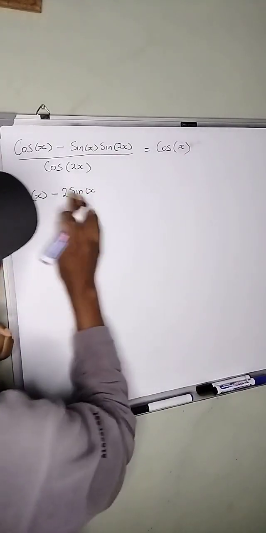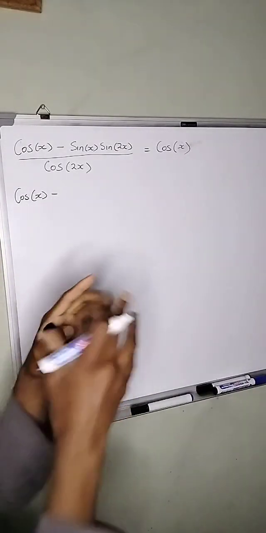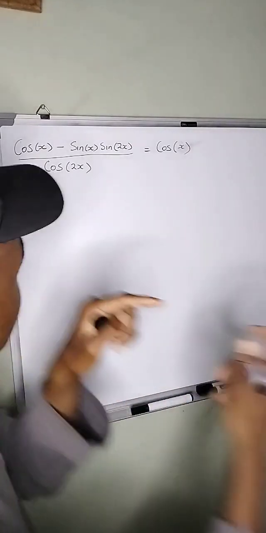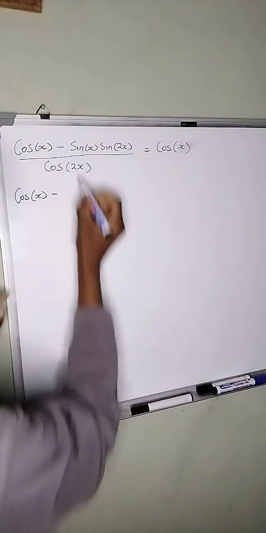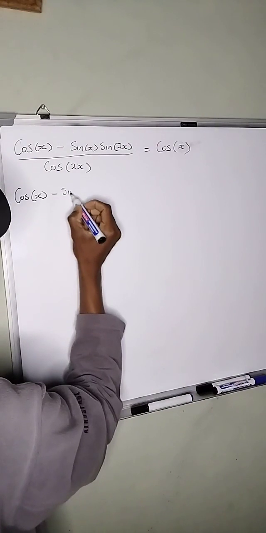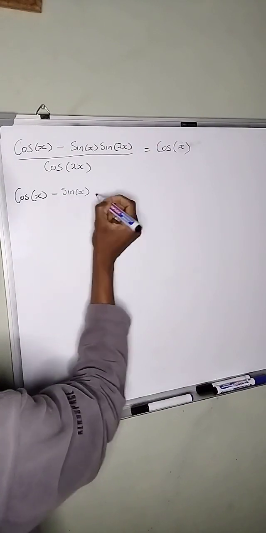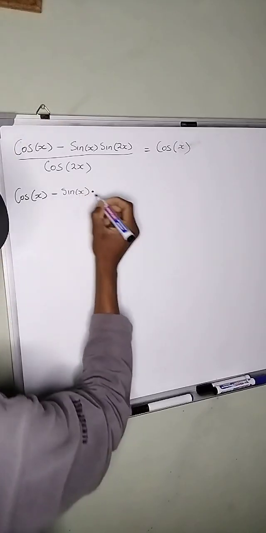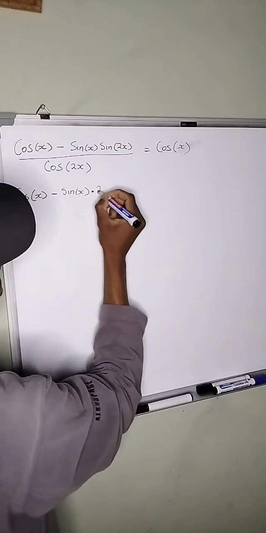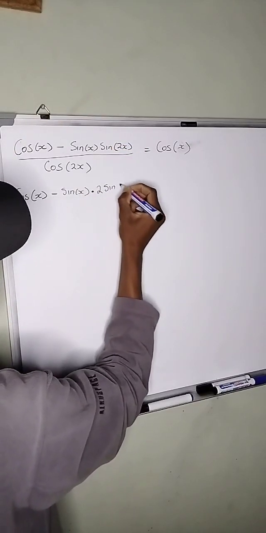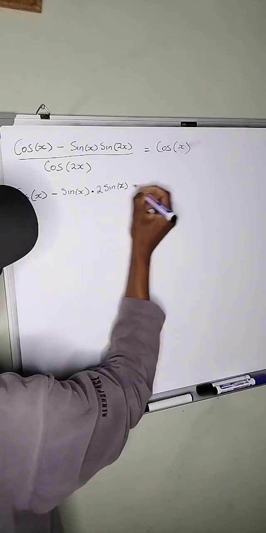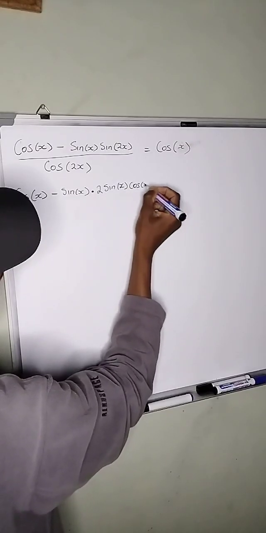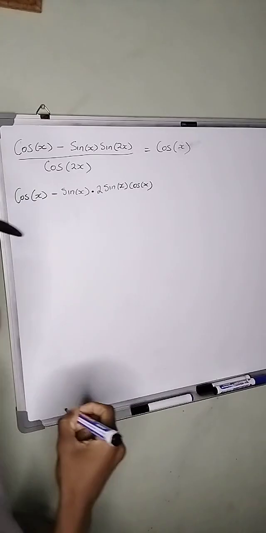Let me put it in order so that you can see it. I'm going to start with this sine x, and I'm multiplying it by that sine x, and I'm going to change that into 2 sine x cos x.